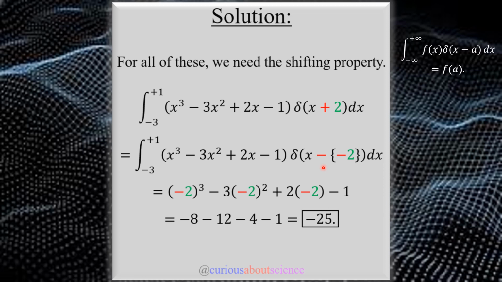The point is, now we have -2 as our a factor. So based on this form, we simply have to evaluate the integrand that is tagging the delta function at f of a. So we plug in -2 for all of the x's in the polynomial, and they evaluate down as such, and that equals -25.